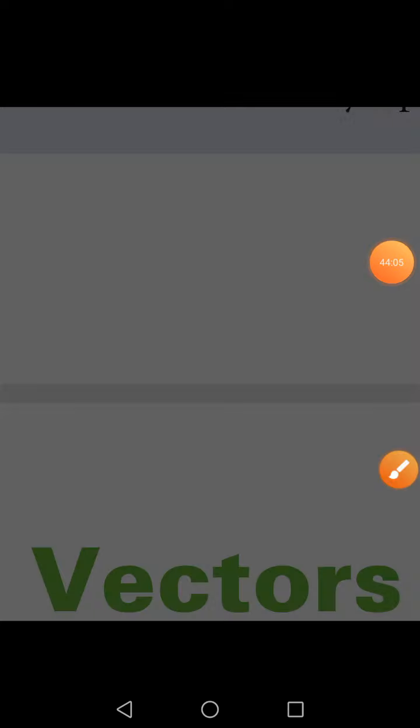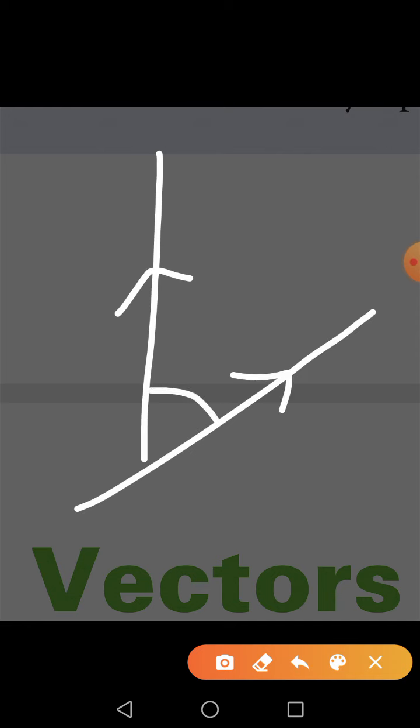Now, our second case is finding the angle between the two vectors. Okay. For example, one vector is in this direction and one vector is in that direction. So, you have to find the angle between the two vectors. Now, first, before going into this, we need to know about the dot product of two vectors.